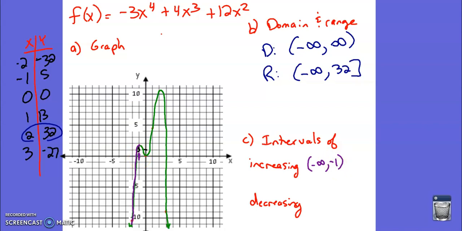Then all of a sudden it changes directions. So then it starts decreasing from -1 all the way to 0. So -1 to 0, it starts decreasing.